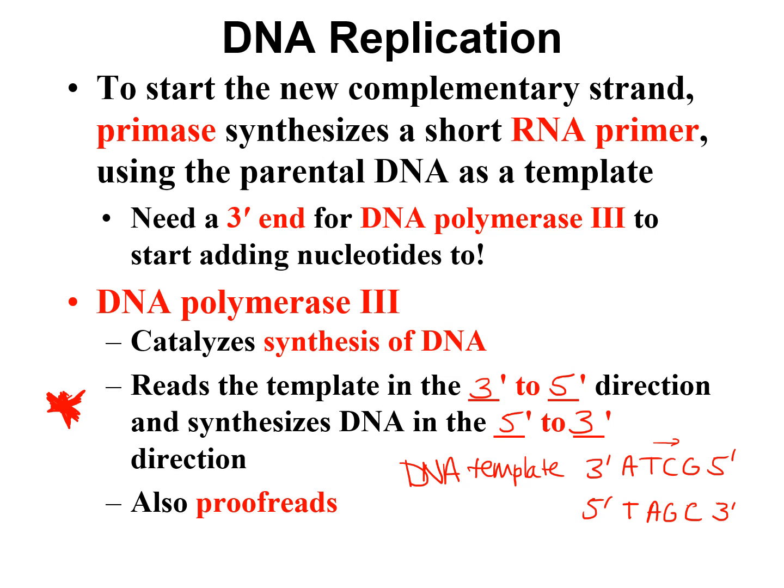Okay, so the reason that this new strand can only be made in the 5 to 3 prime direction is because the 3 prime end has a hydroxyl group on it, whereas the 5 prime end has a phosphate group on it. And you can only add new nucleotides to this 3 prime end where there's this hydroxyl group, because that's pretty easy to chop off.